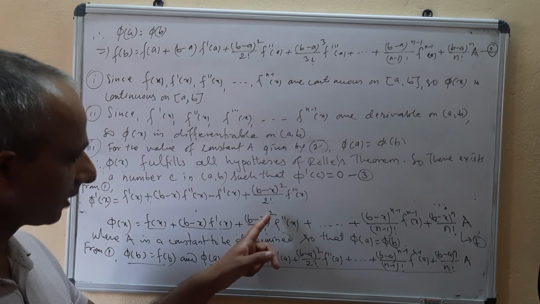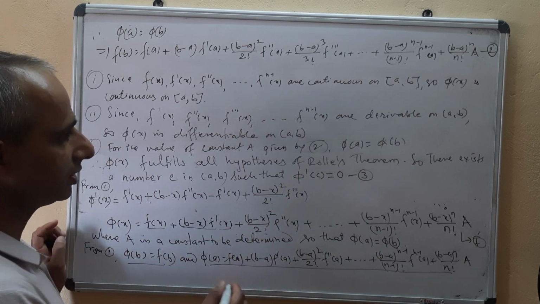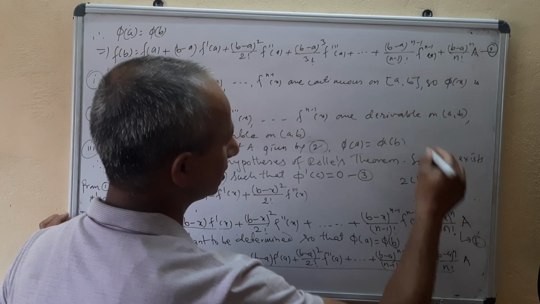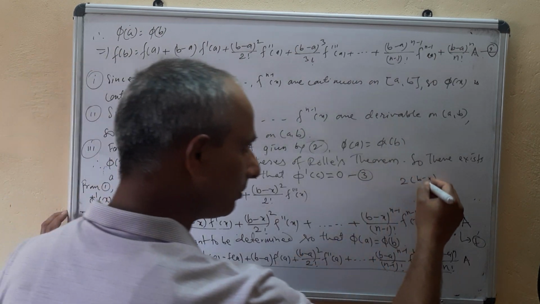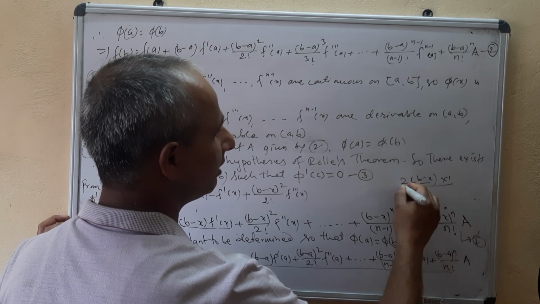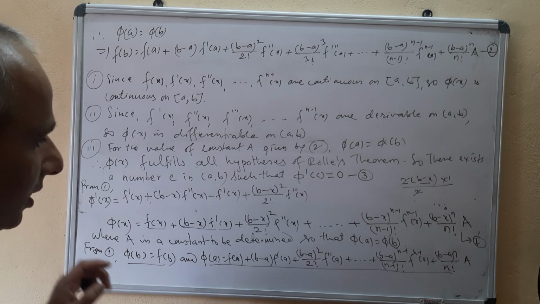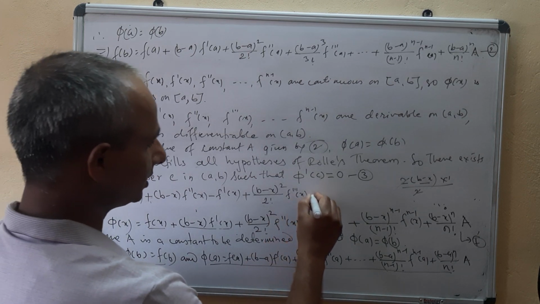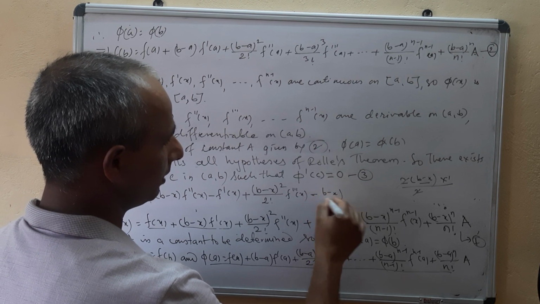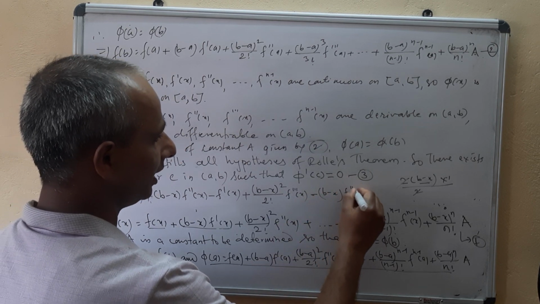If you differentiate b minus x whole square, you will get 2 times b minus x to the power 1, and again you differentiate b minus x, so you get minus 1, and the 2 cancels with the 2 in the denominator. So you will get minus b minus x f double dash x.